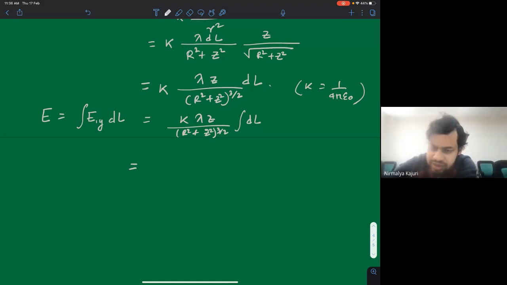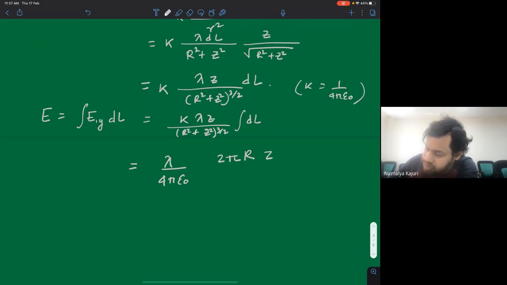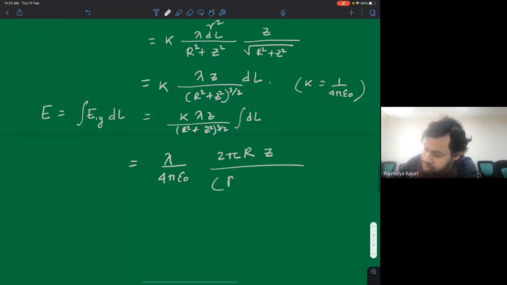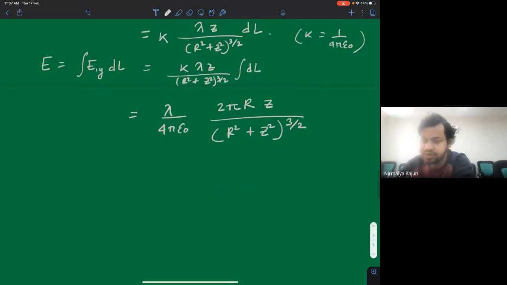Yes, we get the circumference, which is equal to 2 pi r. Good, good. So the final answer is 1 by 4 pi epsilon naught, 2 pi r lambda, into z by r square plus z square to the power 3 by 2. Is this correct?